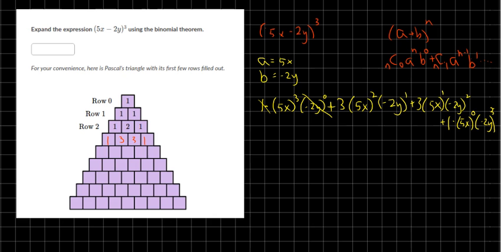So I need 5 to the 3rd power is 125, x to the 3rd power, x cubed, plus 5 squared is 25 times 3 is 75, x squared, times negative 2y.